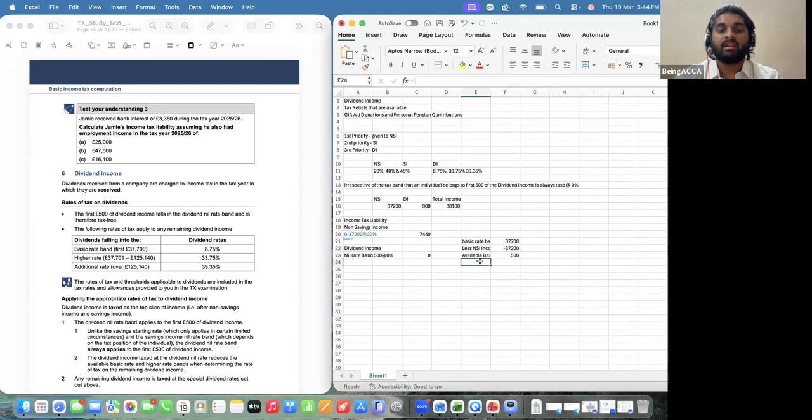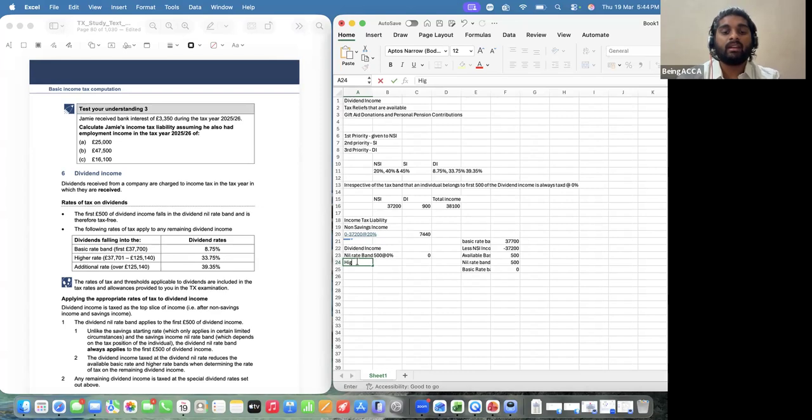Here we would have a nil rate band of 500, making the remaining basic rate band 0. So the dividend income is 900 pounds, out of which 500 is at 0%. The remaining 400 will now be part of the higher rate tax band.